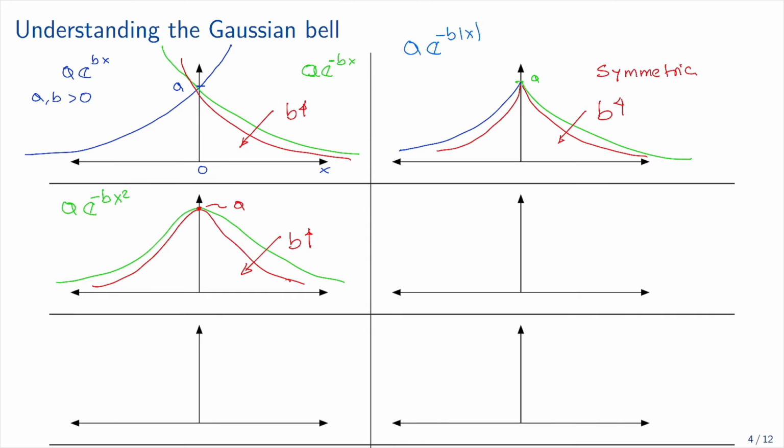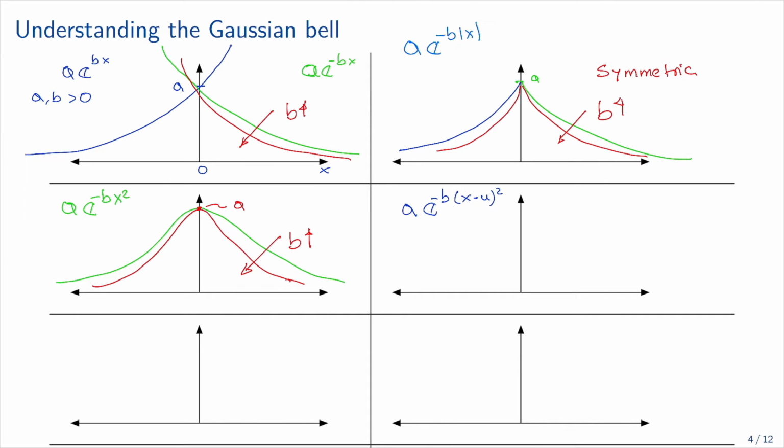Now I'm going to modify slightly the last function, so it's a multiplied by e to the minus b, now multiplied by (x minus u) squared. So the effect of subtracting the u value is moving the curve to the right.